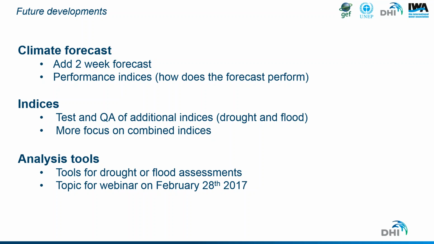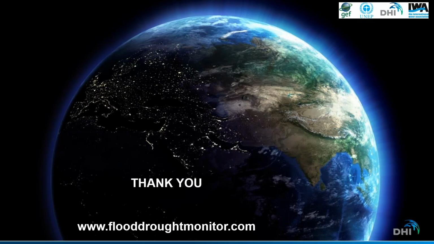And then the aim is, on top of this data and information portal, to develop different tools for drought and flood assessments, which will utilize the data within the data portal. And we will have a specific webinar on this early next year in February. Yes, this was a very brief introduction to what we are doing, and now if there's any questions, thank you.